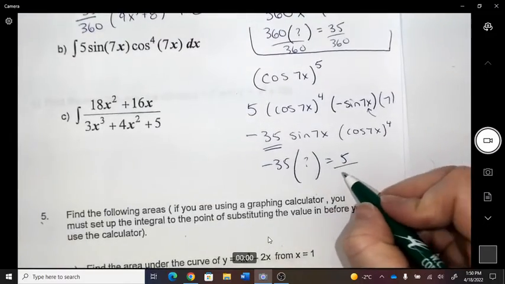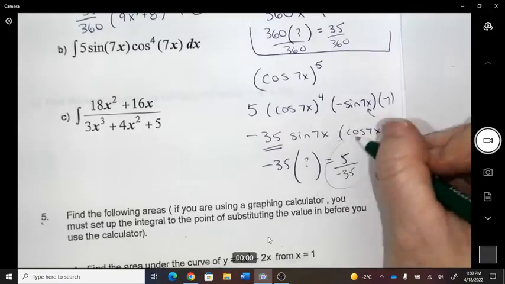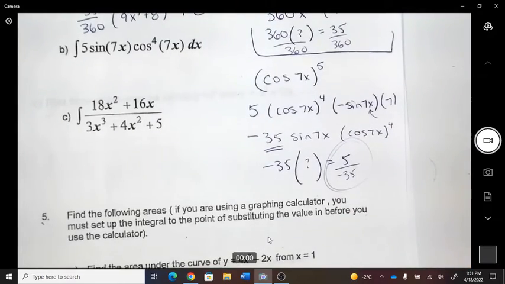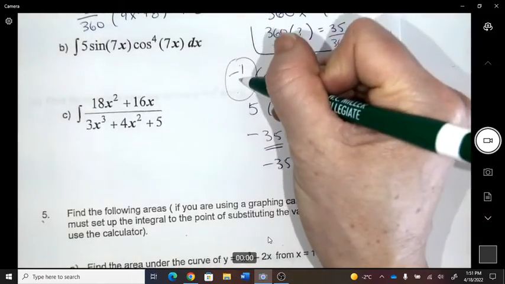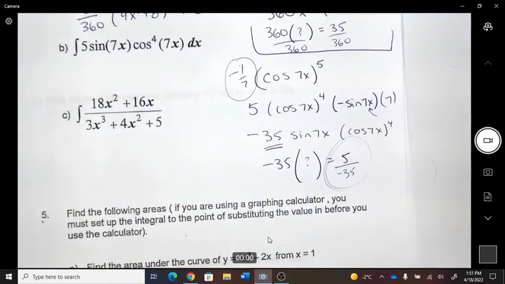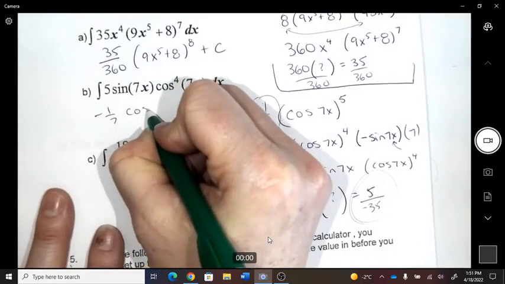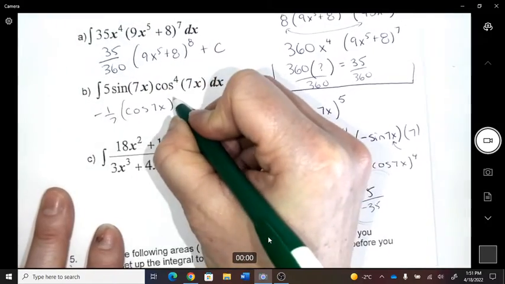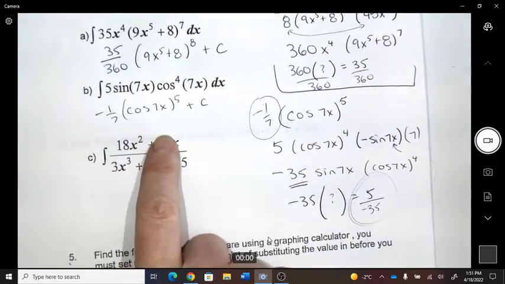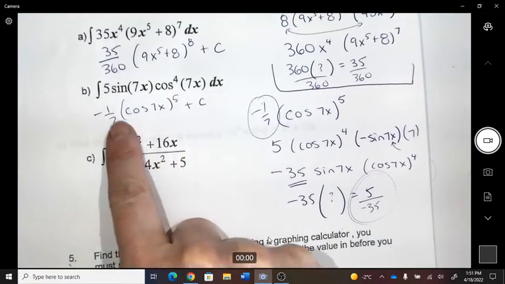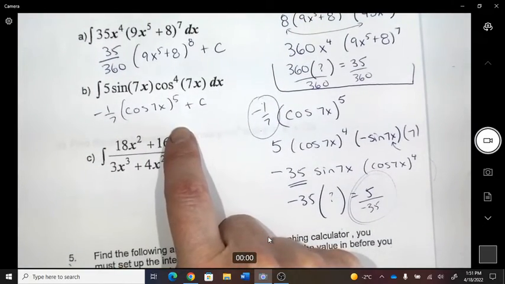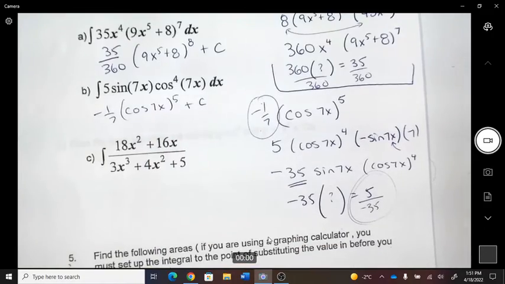So I'm going to have to, you can write that, or you can do negative 1/7. Doesn't matter to me. Okay, and again, you're your best friend here at the end. You can just derive this. Does it work out to what you wanted it to be?